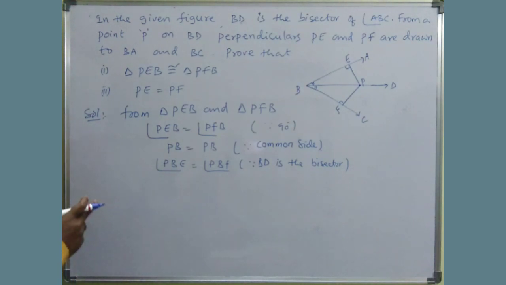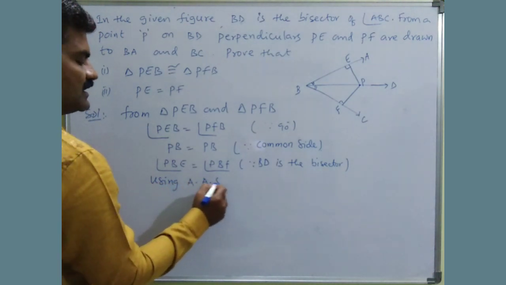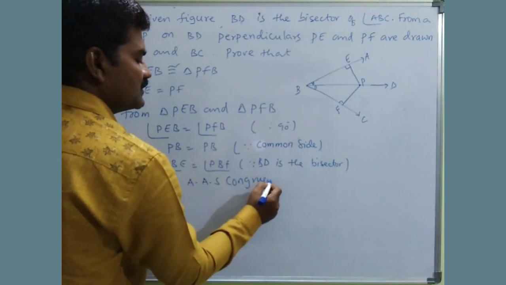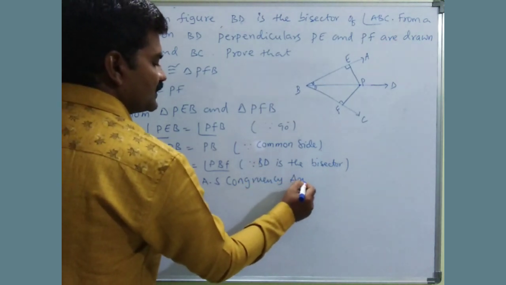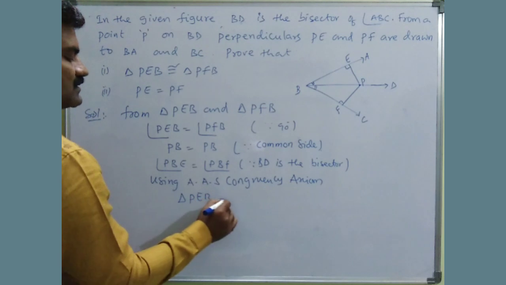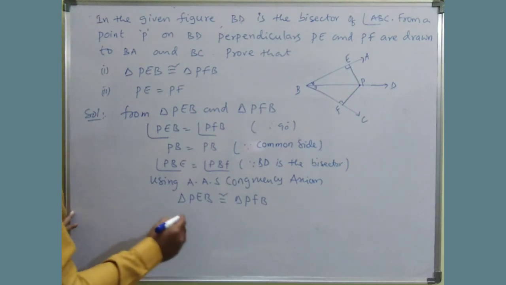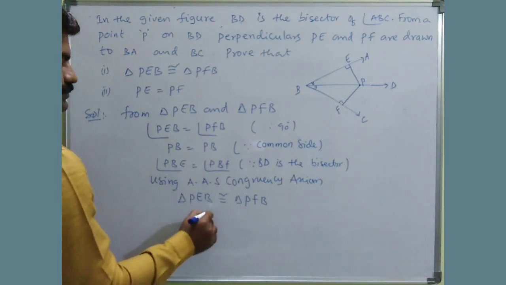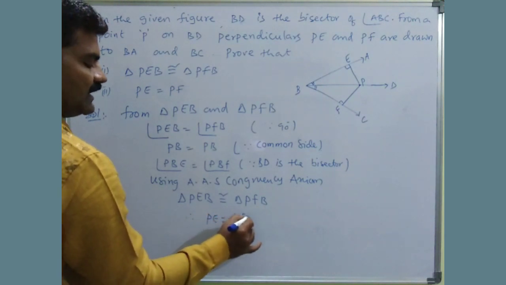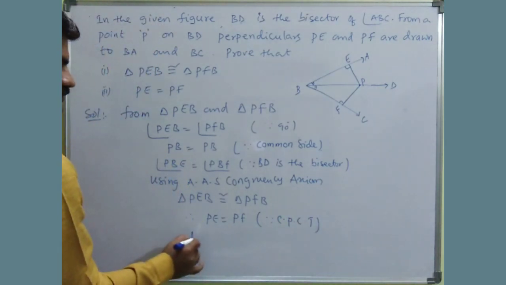So therefore, two angles and one side. Using the AAS congruency axiom, we can say that triangle PEB is congruent to triangle PFB, and therefore PE is equal to PF because of CPCT. Hence proved.